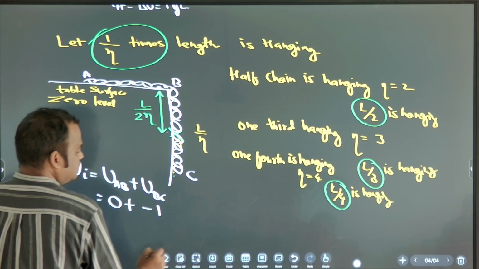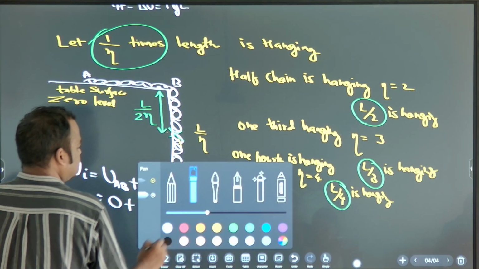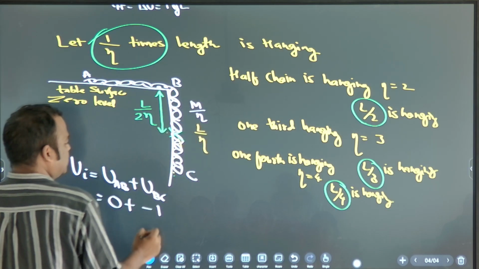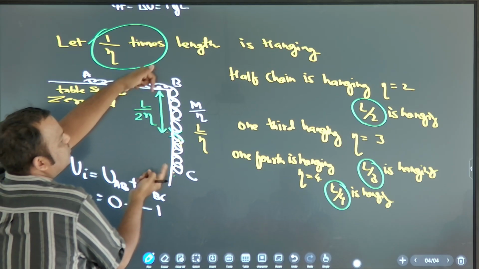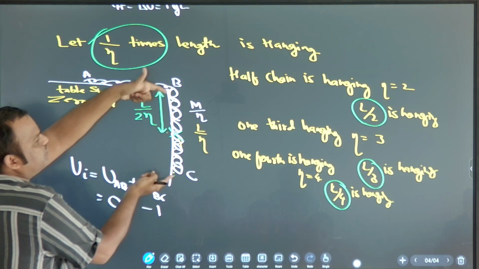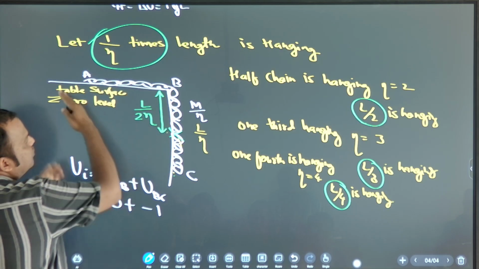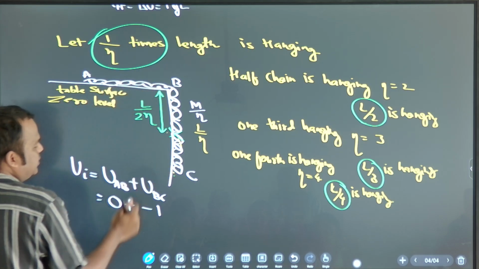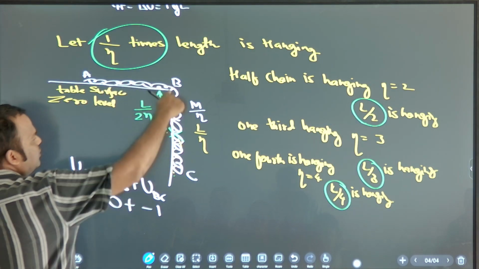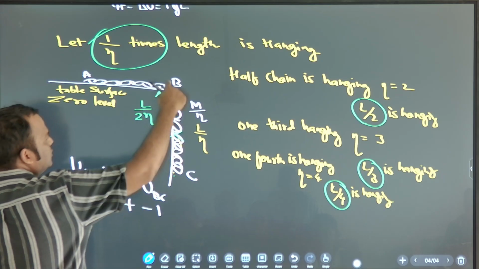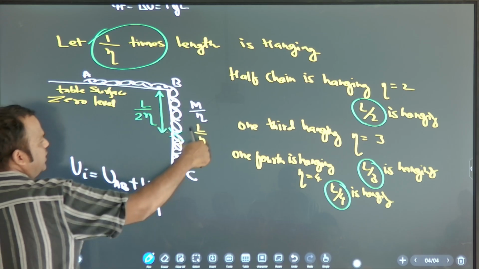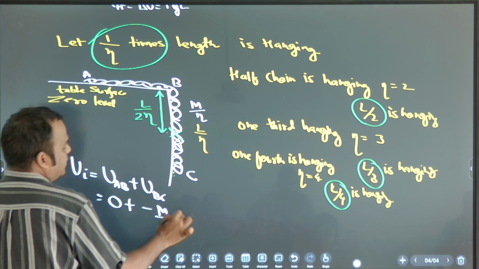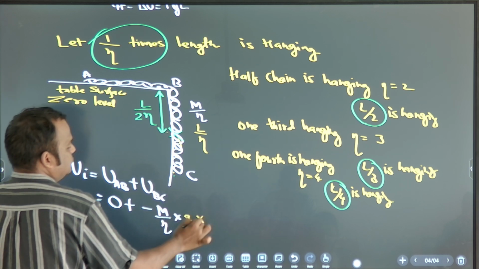Note down. What is the mass of this? M by eta. If this is L by 2, the mass is M by 2, where total is M, say 1 kg. If L by 3, then M by 3. So for L by eta, the mass is M by eta.